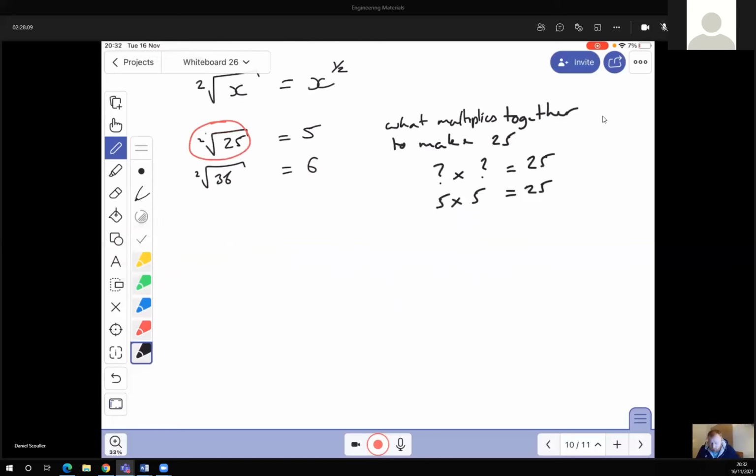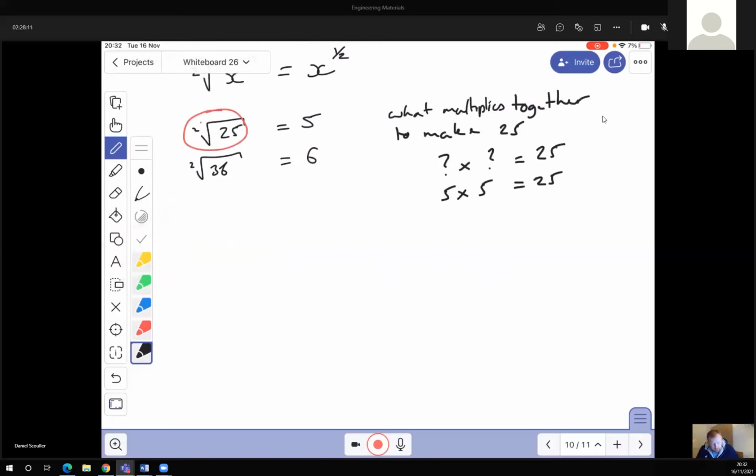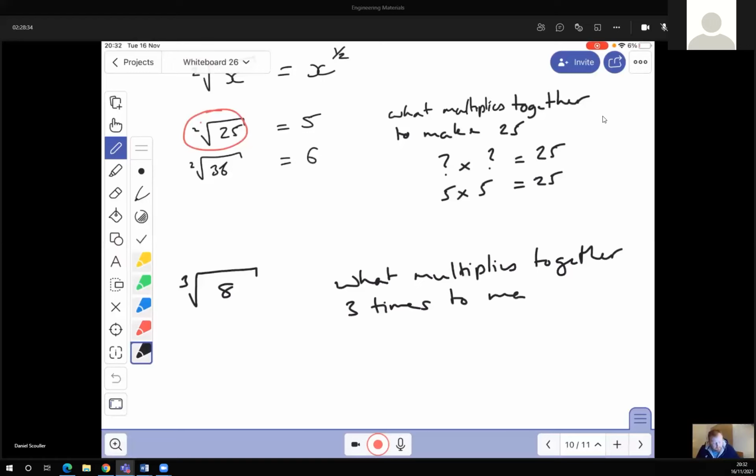So let's throw a 3 in front of that. What that is asking us is what multiplies together 3 times to make 8.